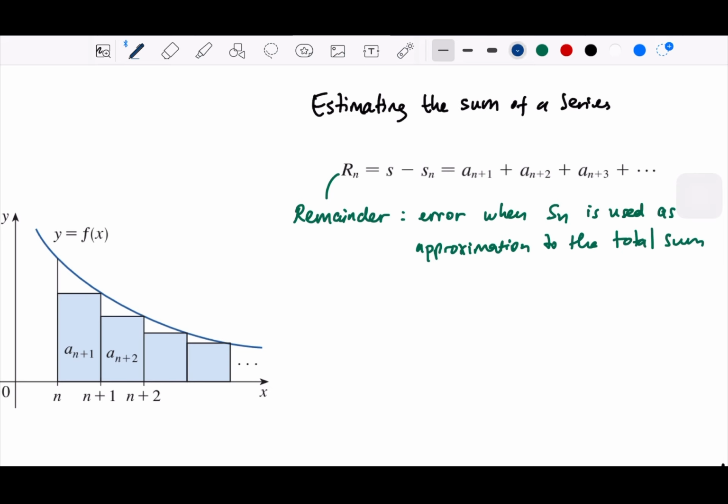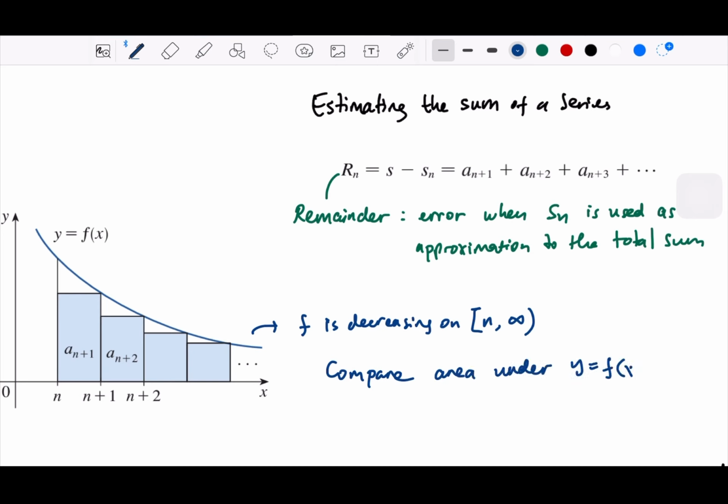So assuming, like in this illustration, that f is decreasing, let's say from some n, because n can be any number, to infinity, and we can compare the area under y of x, or f of x, the function of x.